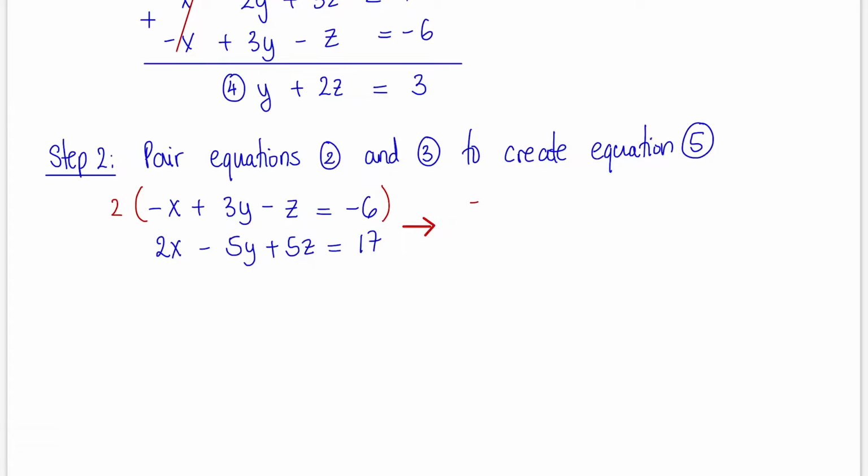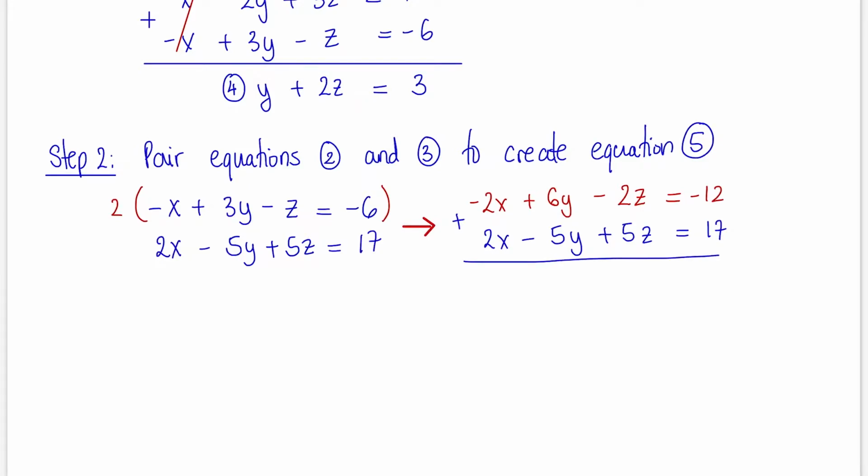So I have negative 2x plus 6y minus 2z equals negative 12. And my equation 3 stays the same: 2x minus 5y plus 5z equals 17. And I am going to add the two equations.